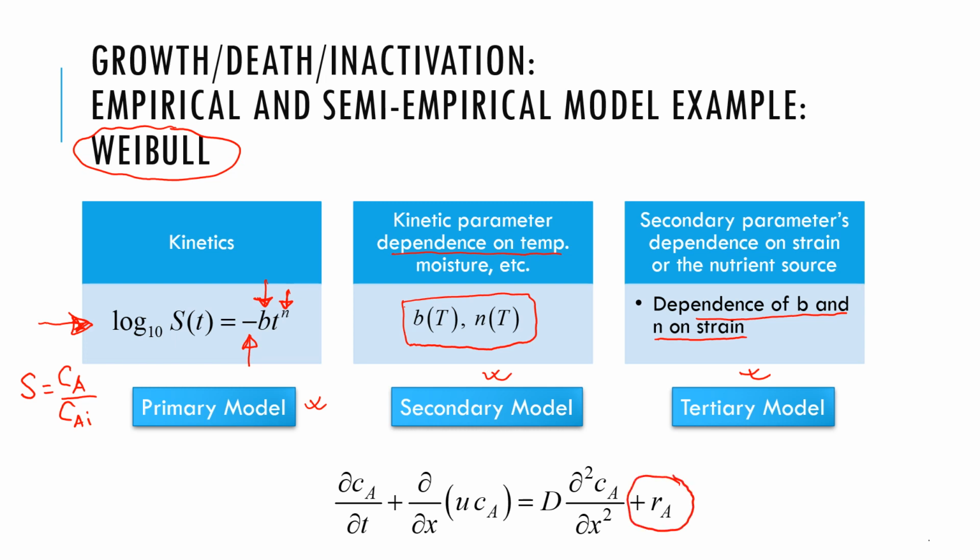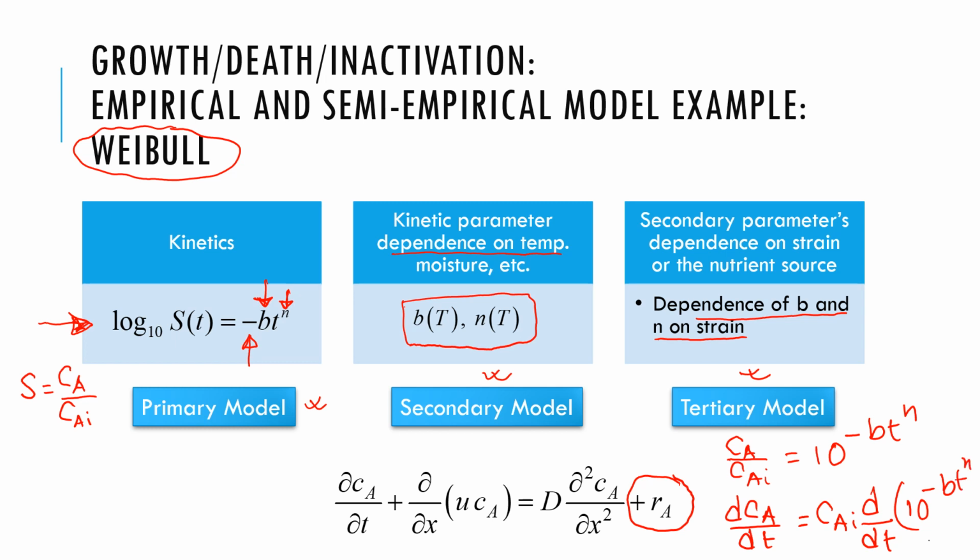And so if I rewrite the kinetics equation as Ca over Cai is equal to 10 raised to the power minus Bt to the n, then dCa dt is equal to Cai times d dt of 10 to the minus Bt to the n.